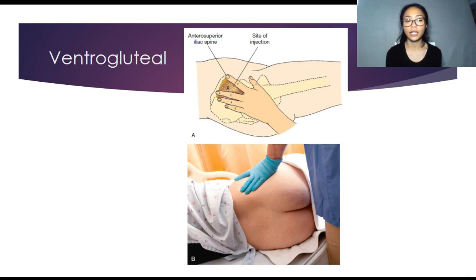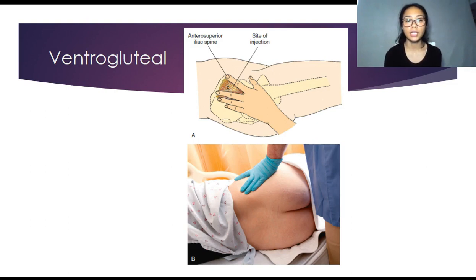So let's have more of a visual look at each of these sites, knowing their pros and cons. Here we've got the Ventrogluteal Site, and the way that we can know that we're in the right place. The ventrogluteal muscle is considered a safe site for all patients, a maximum dose of 4 milliliters.